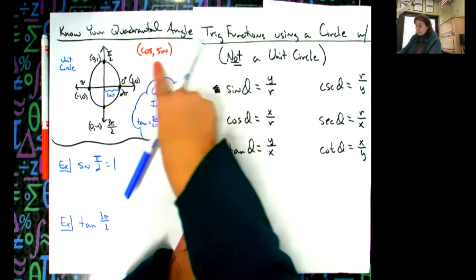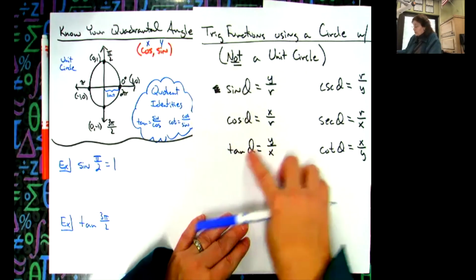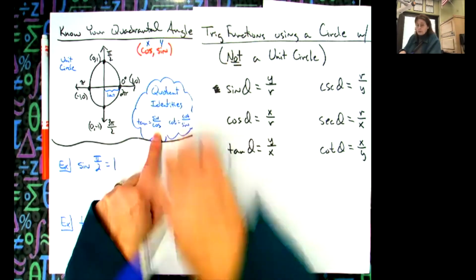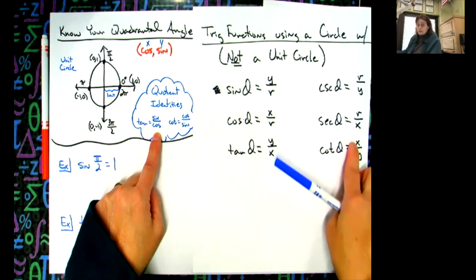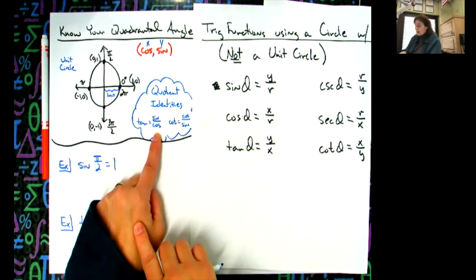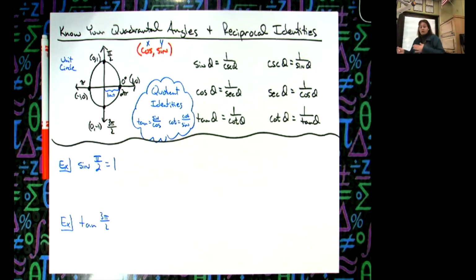If this is x and this is y, and you know tangent is y over x, then you also know tangent is sine over cosine. Same thing with cotangent. It's x over y. If you know the first coordinate is cosine and the second coordinate is sine, then this one's already memorized too. It's all connected and it's all put together.